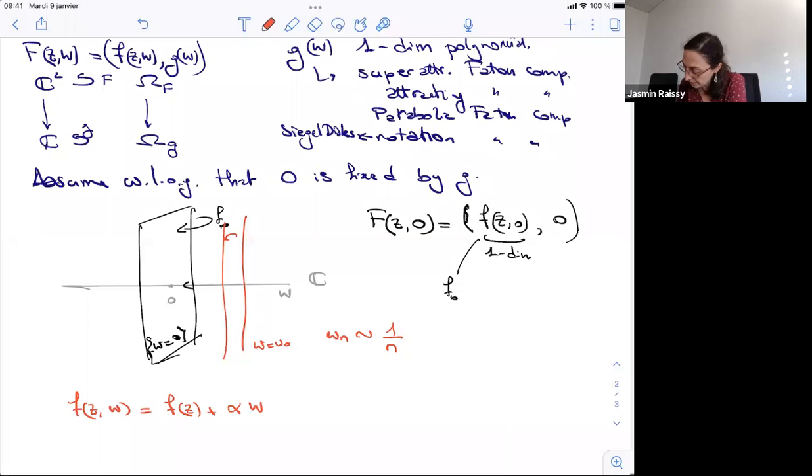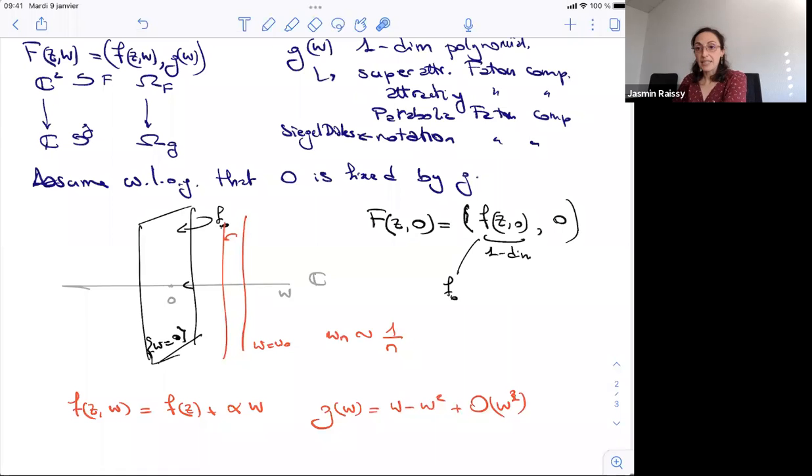So maybe I'm able to study the dynamics of this kind of map. In here I took g of w, which was, say, w minus w squared. Maybe you wanted a polynomial of higher degree, let's say big O of w cubed, and we'll see what happens. If I start from here and I perturb my one-dimensional map with this alpha w, I will maybe be able to say something, to build a wandering component.